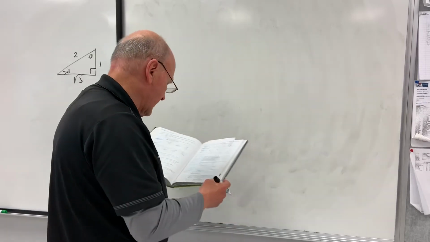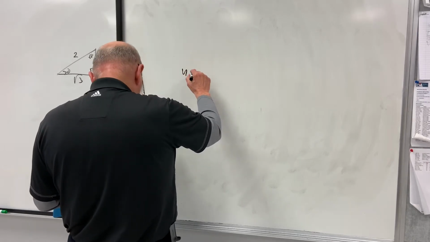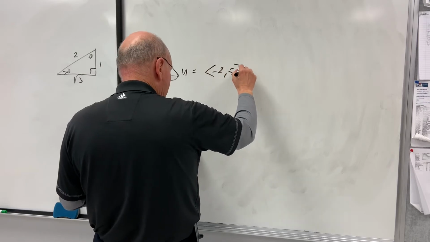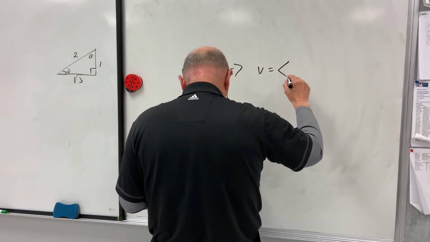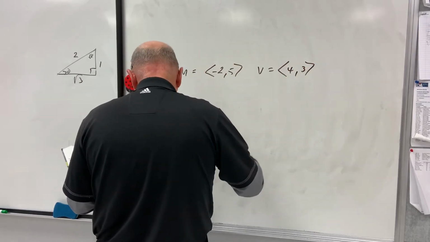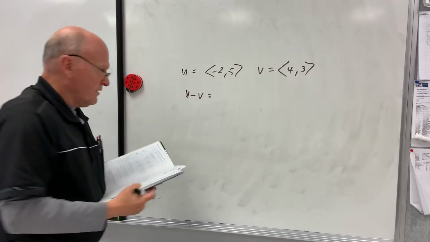Now, once you go down to 59, and we talked about problems like 59, they tell me that vector u has component vectors of -2 and 5, and v has component vectors of 4 and 3. If I'm doing 59, it wants to know what u minus v is.